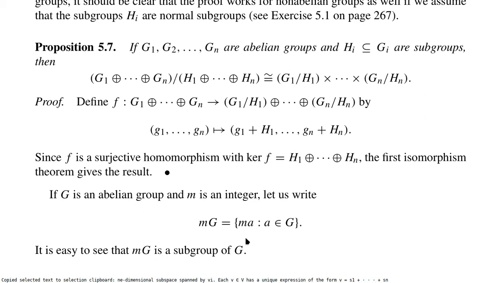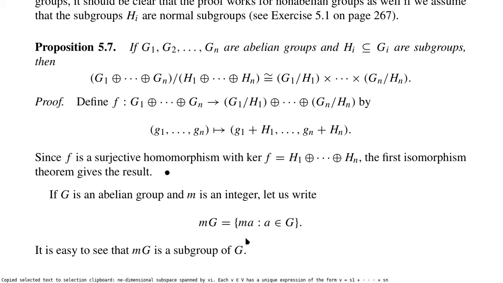You take the direct sum of all the abelian groups, you mod that out with the direct sum of all the subgroups, and that is isomorphic to taking the external direct sum or Cartesian product of separate quotient groups, right? So G1 mod H1 cross G2 mod H2 up until Gn mod Hn. So that happens to be isomorphic.